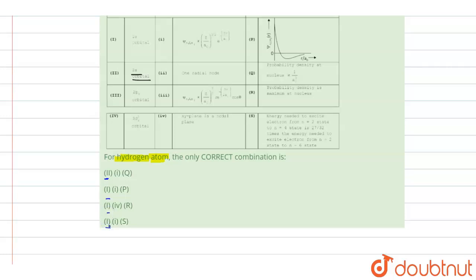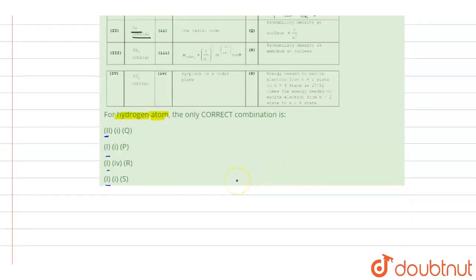So we will see those combinations one by one, but before we do that, let's understand some formulas. That is, psi is directly proportional to e to the power minus Zr upon n a0.